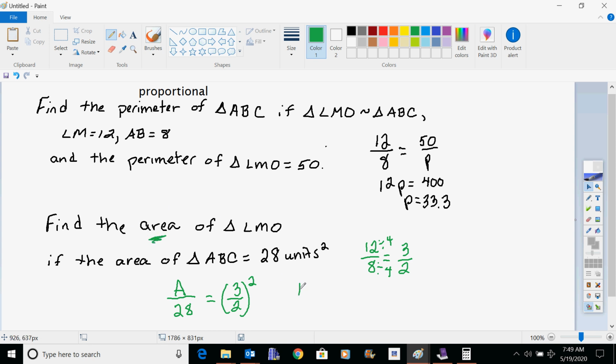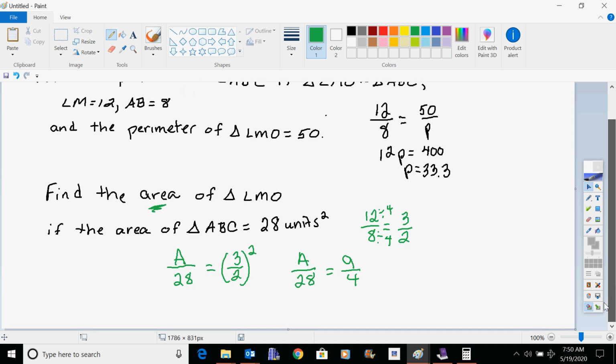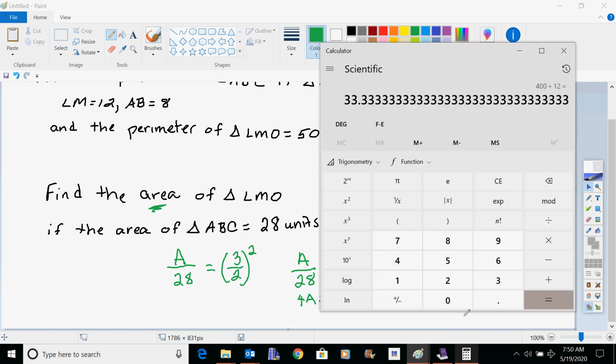So this means area over 28 equals 9/4. Cross multiply. So 4a equals 28 times 9, 252.